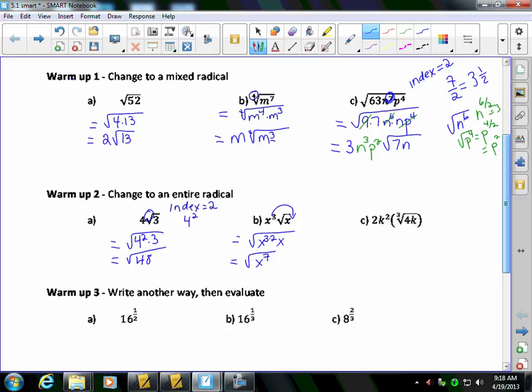Okay. So in this one, my index here is a 3. So that means in order to put this 2k squared in there, I'm going to have to cube this one, and I'm going to have to cube this one. So I have 2 cubed times x squared cubed, and then my 4k was already in there, so nothing changes with that.